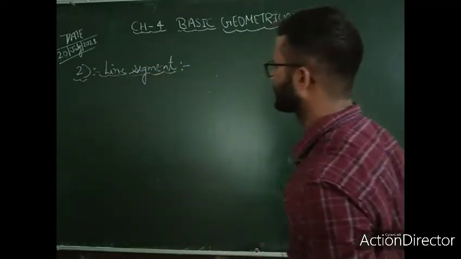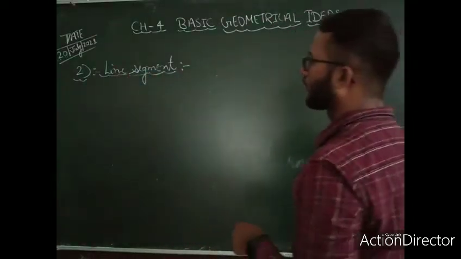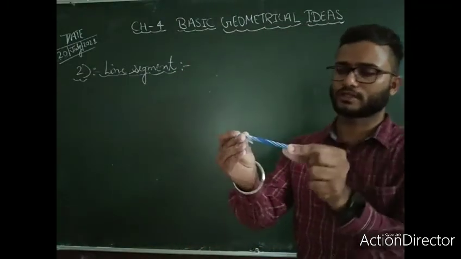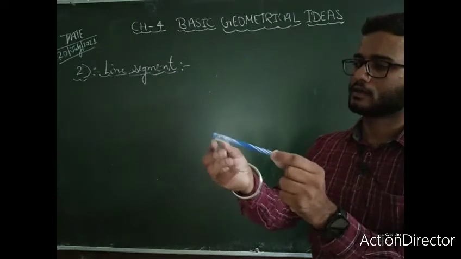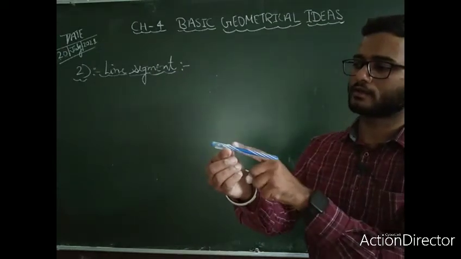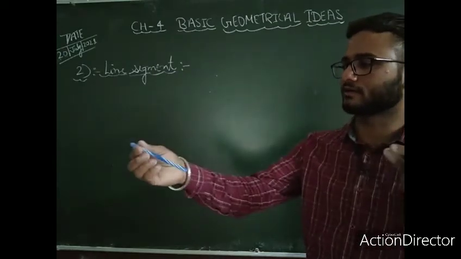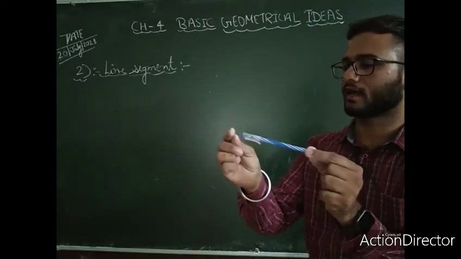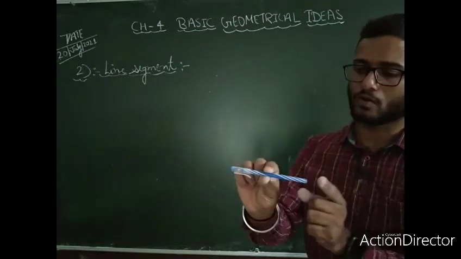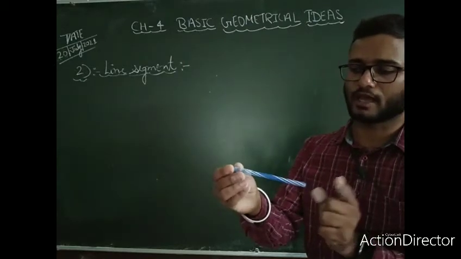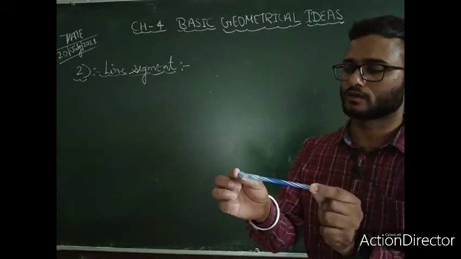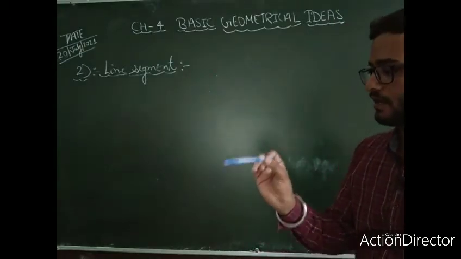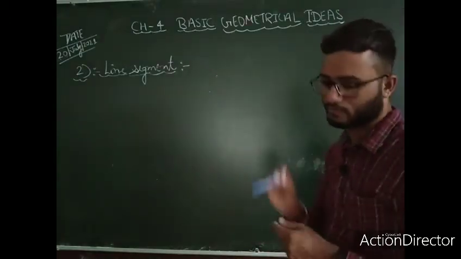Now, first I will discuss an example of a line segment. Look at this pen. This pen extends between two fixed points, point A and point B. This is an example of a line segment, and a line segment has 2 endpoints.